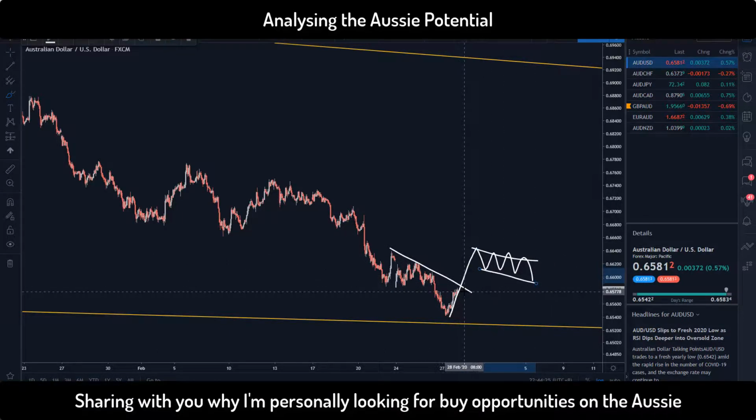This will give me a valid buy setup to look for trades starting to go higher. How long will this take? According to how I forecast, I would say perhaps 1 to 2 weeks time, this would give me that price development, that setup for me to eventually take a trade.